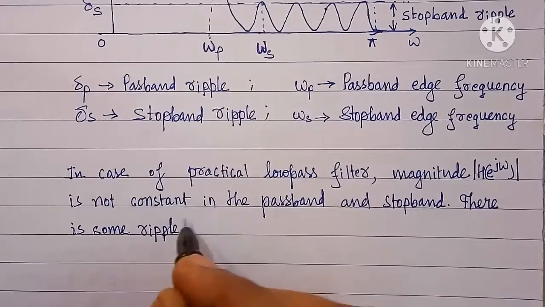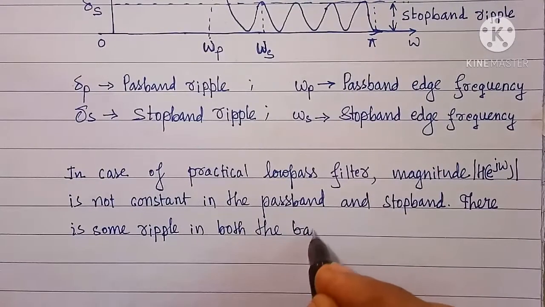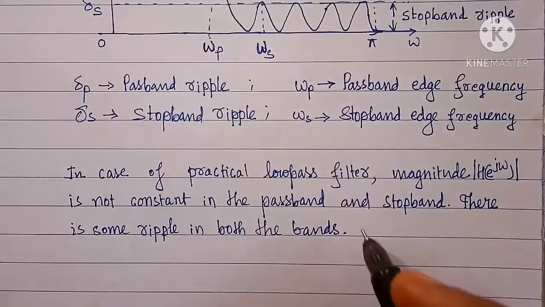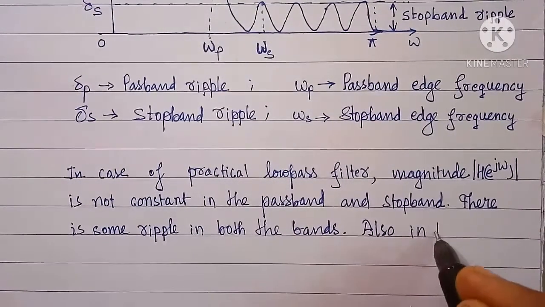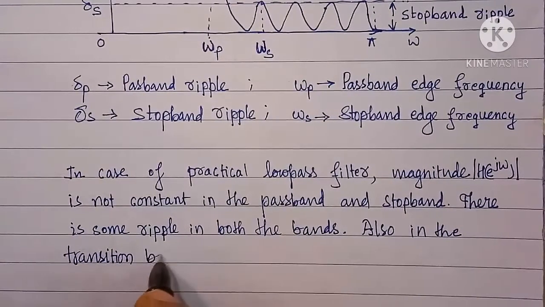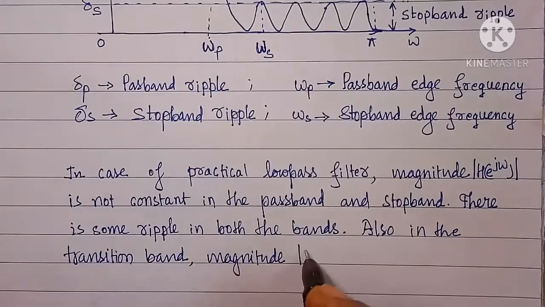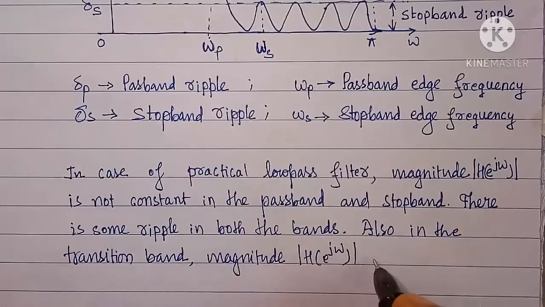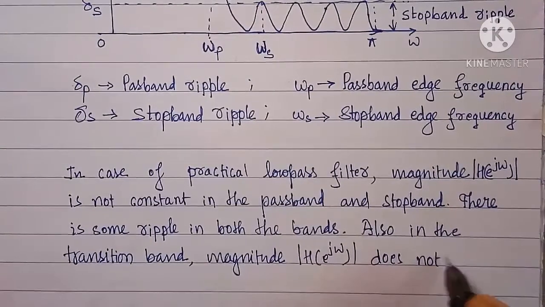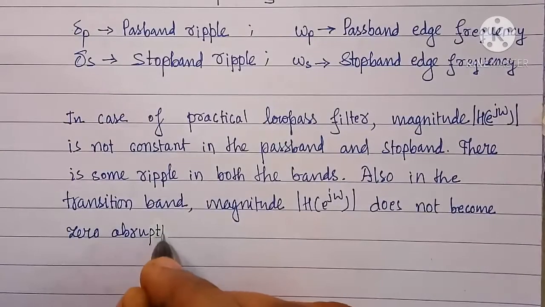There is some ripple in both the bands. Also in the transition band, magnitude does not become zero abruptly.